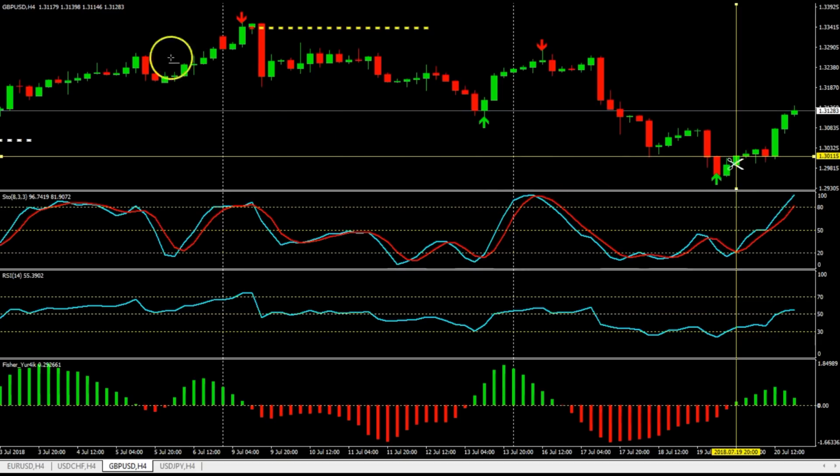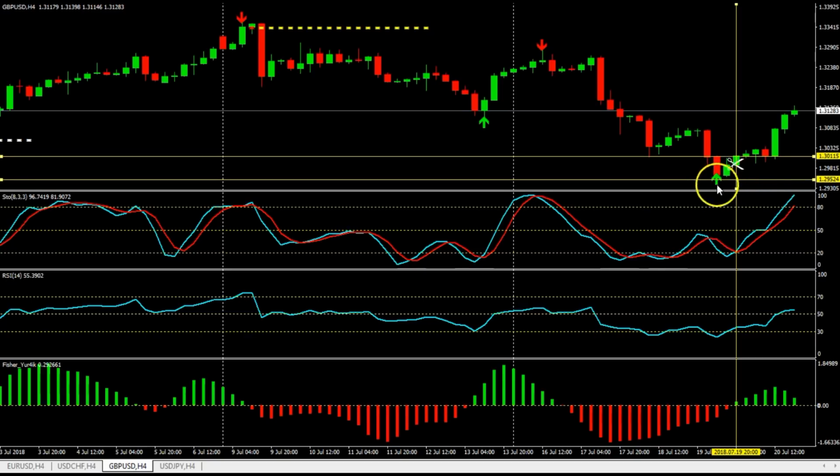So we take one more line here and say 1.2952. There it is. This is where your stop loss is going to be.